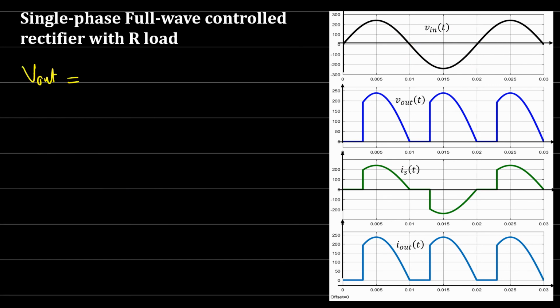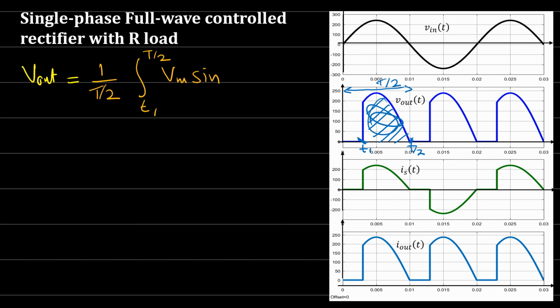Now we have this from 0 to T over 2, and after that it is a repetition, right? So we can find the average for only this portion. So here we can say 1 over T over 2, integration from t1 to T over 2 of V maximum sine of 2 pi t over T dt.